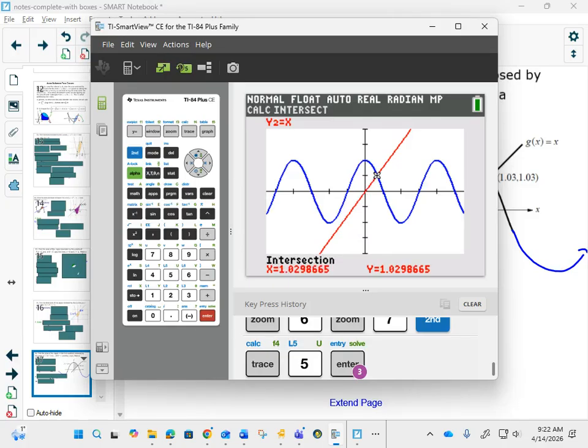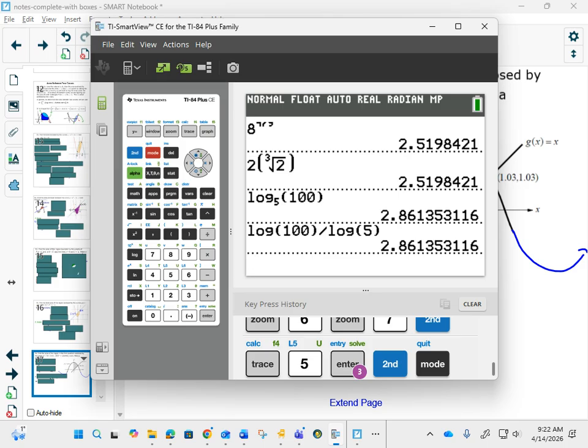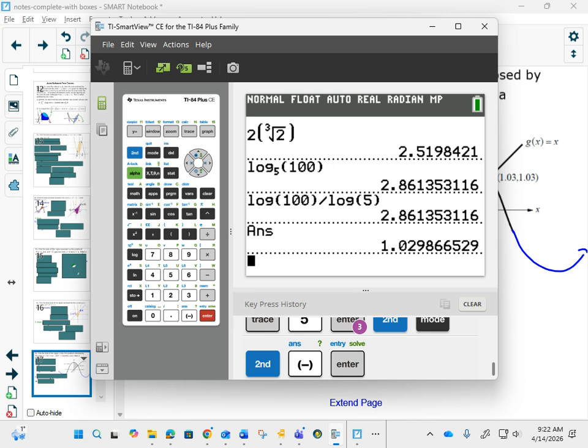I get my 1.03. Did you know that anytime you solve something on a graph, it's the last thing you solved? So if I go second answer, it has that 1.03 built in. Okay? If I do any extra stuff in here, sometimes it disappears.